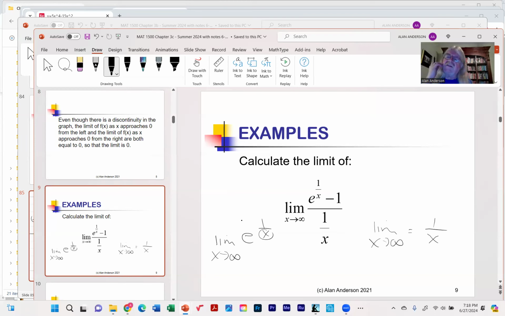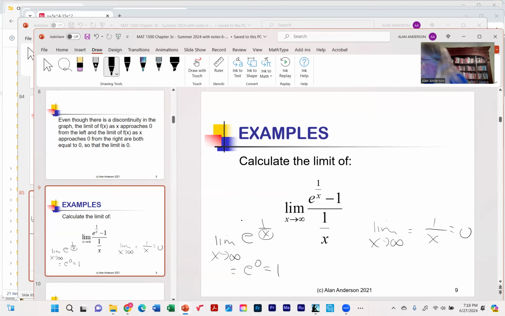So the way you have to think about this is that if you're dividing by a number that's getting extremely large, so large that it's getting close to infinity, this reduces to 0. So the limit of 1 over x as x goes to infinity is 0.